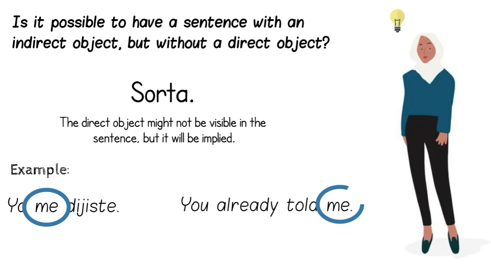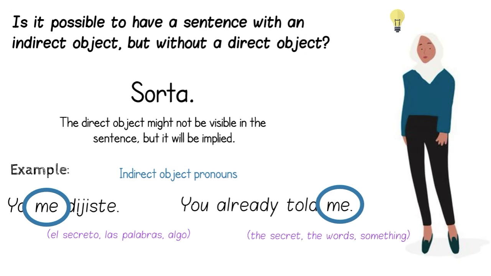But if you think about it, me is indirect here. Why? Because what you actually told, that is, the words that came out of your mouth, weren't me. They were a secret, or a sentence, or words, or something. That's what was actually told, so those are the direct objects. But the sentence doesn't specifically mention them. Rather, they're implied.